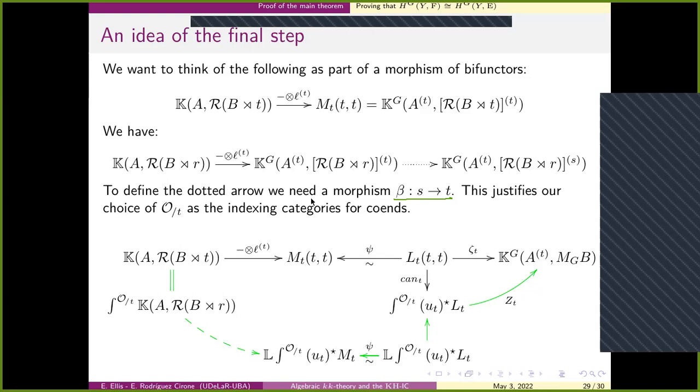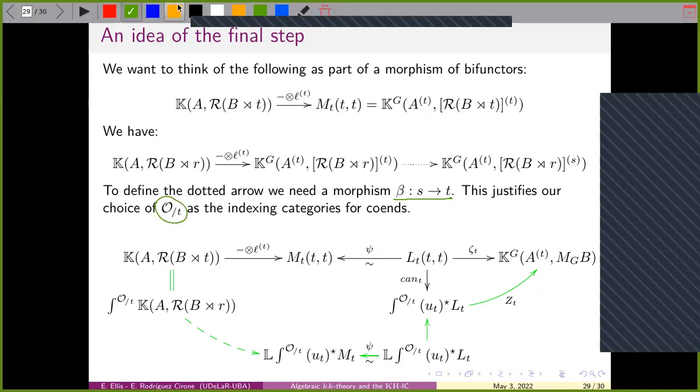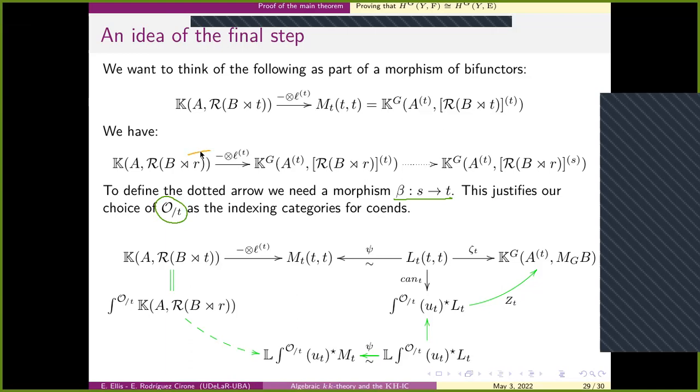So if we work with bifunctors on the slice category, we are able to define a morphism of bifunctors like this, like the orange one, and then we can take coend and define a morphism here.